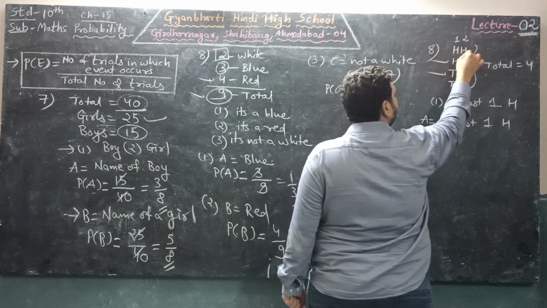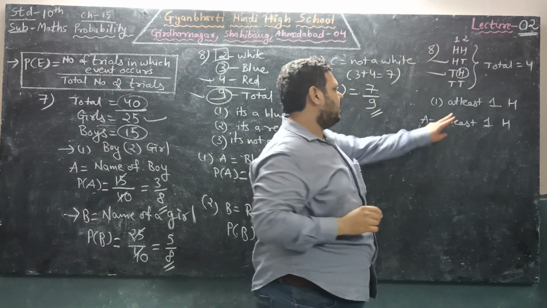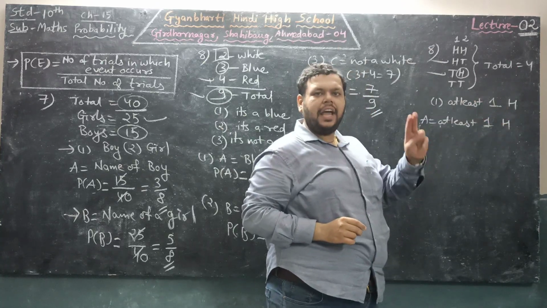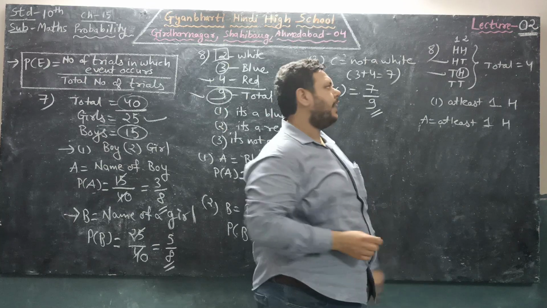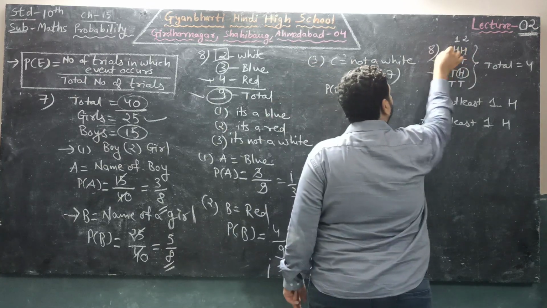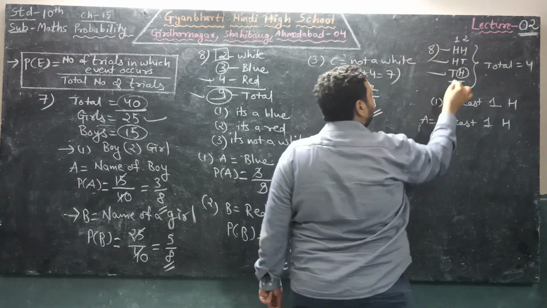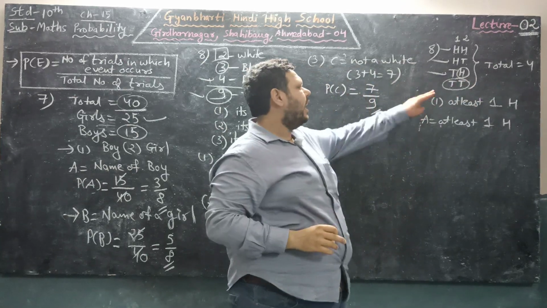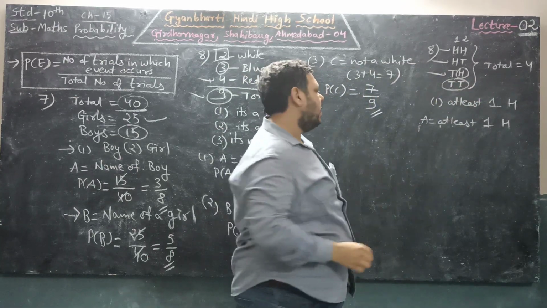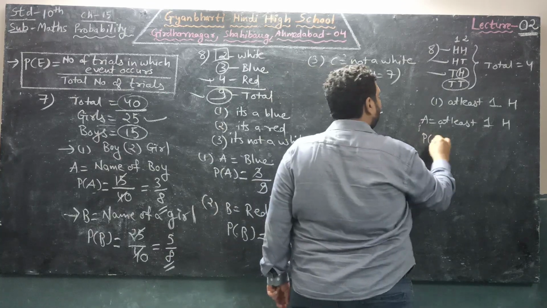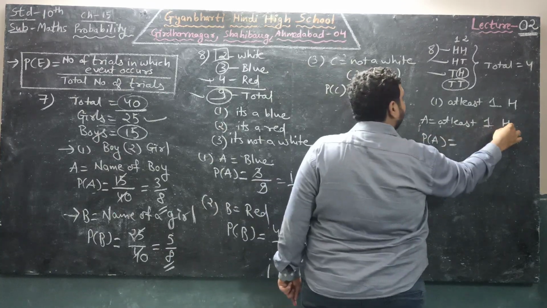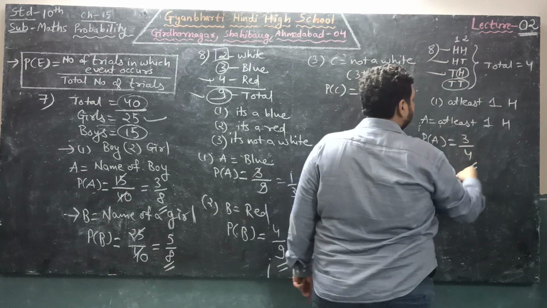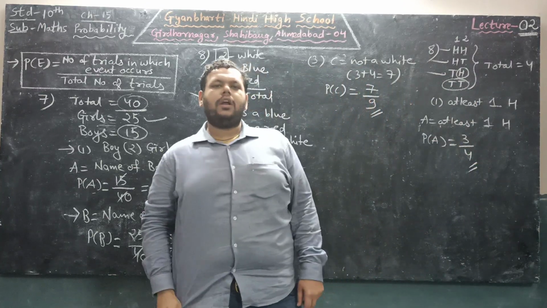Here they have both heads. She wants at least one. At least means minimum she wants one. If there are more than one, it's all right. So here we have two heads, so this will also be included. But in the last event, they have both tails, so there are no heads, so that will not be included in our answer. So probability of A of getting at least one head is 1, 2 and 3. So 3 and total is 4. So answer will be 3 upon 4.